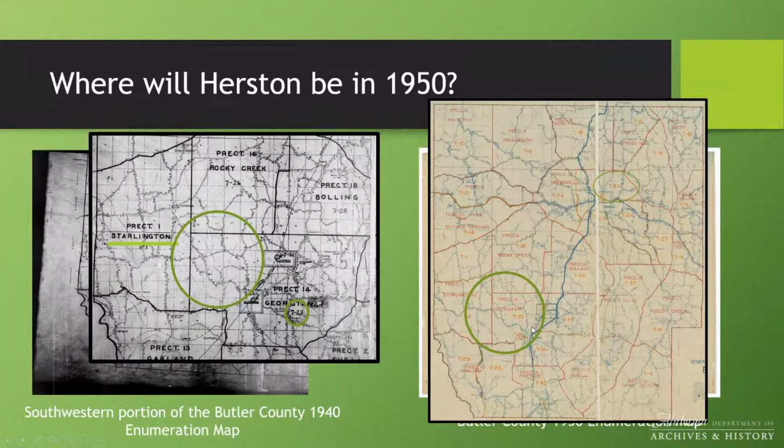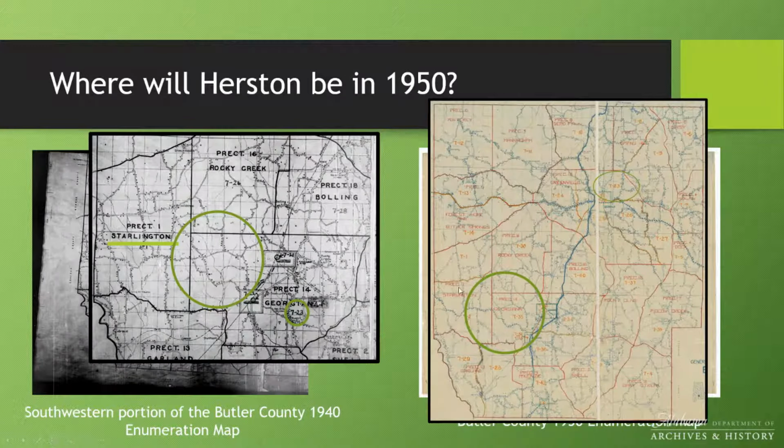So on April 1st, when I get to look on the census for him, instead of looking in the exact same enumeration district number that he was on in 1940, it's changed. So I'm going to use this 1950 map, and I know exactly around where he probably was living, and I'm going to look in those enumeration districts.